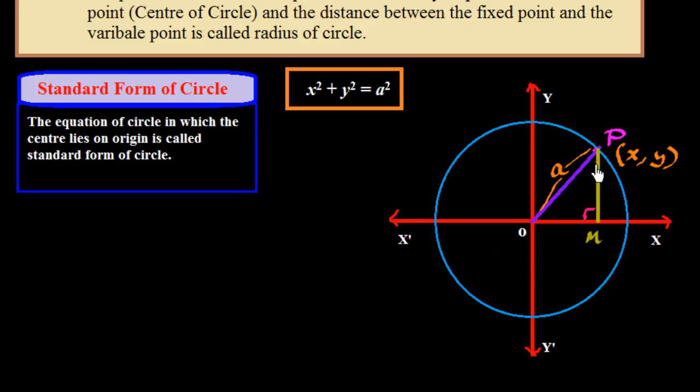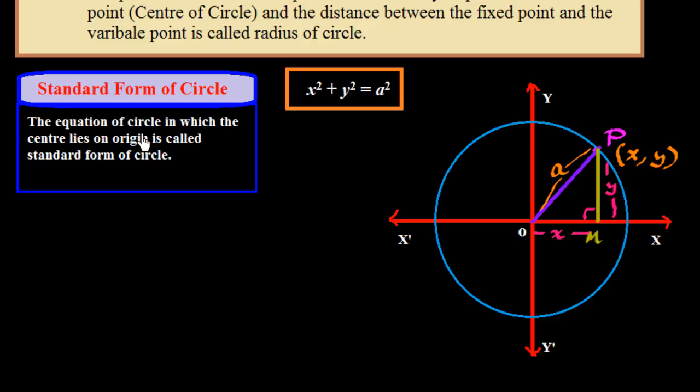By the Pythagoras theorem, we try to find this equation. The distance OM would be x, because x, y is the coordinate of point P, and PM would be y, along the y-axis. So we have x and y, and this OP is a.